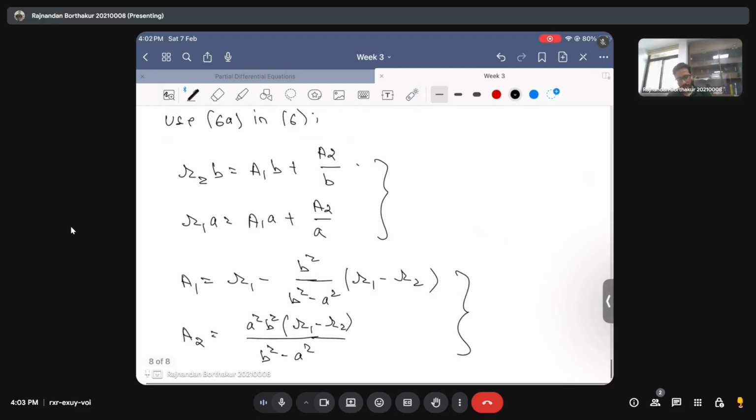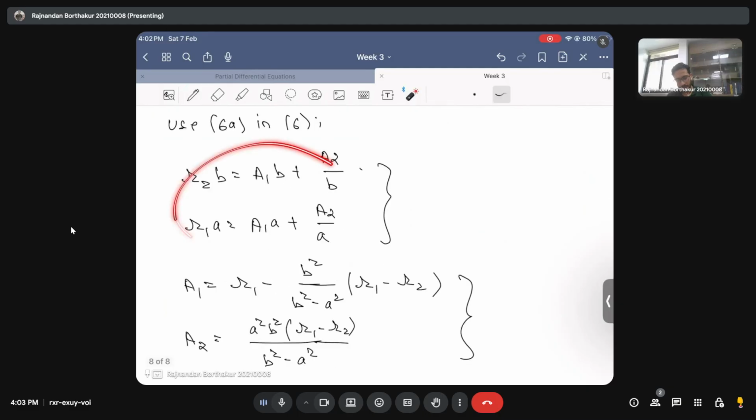I would encourage you to solve these equations and check that these are the values of a1 and a2.